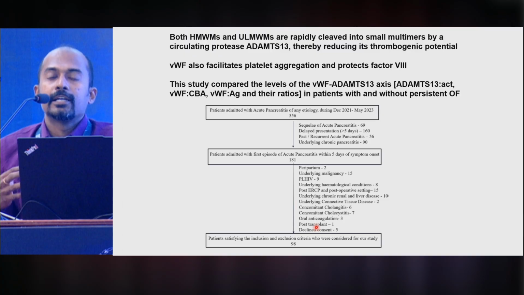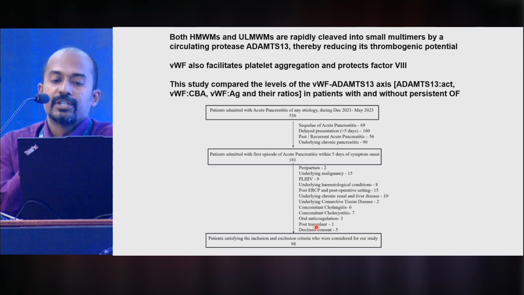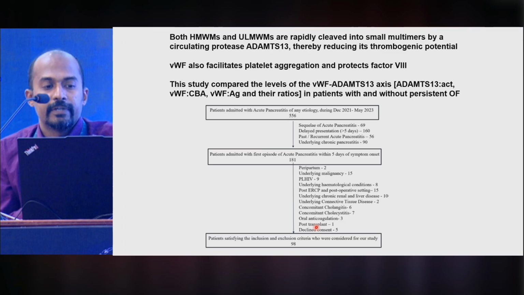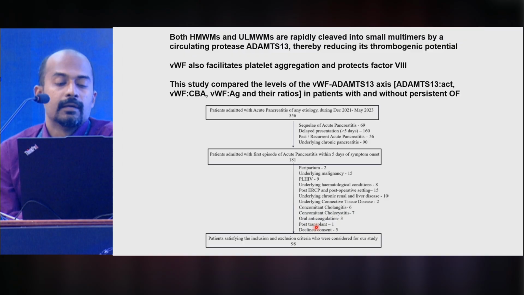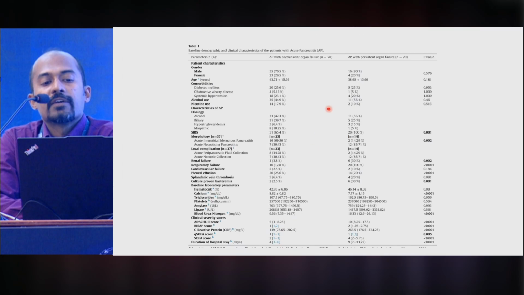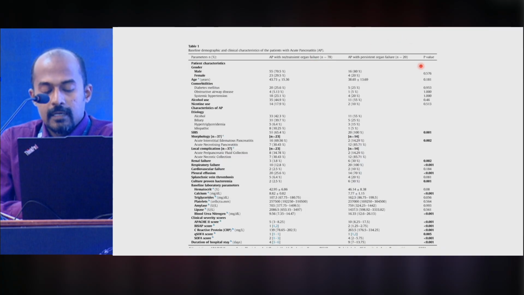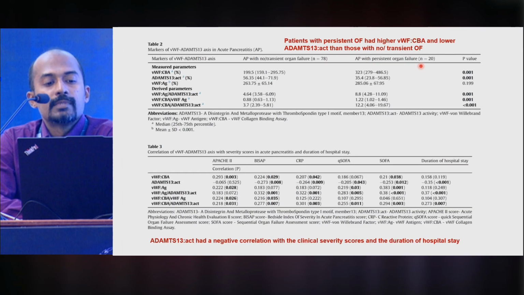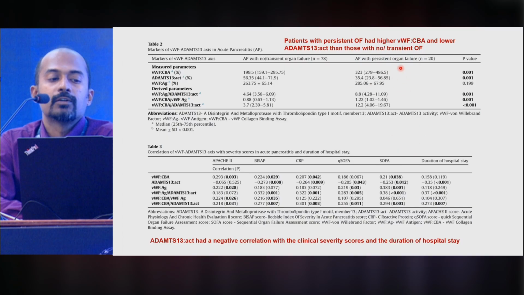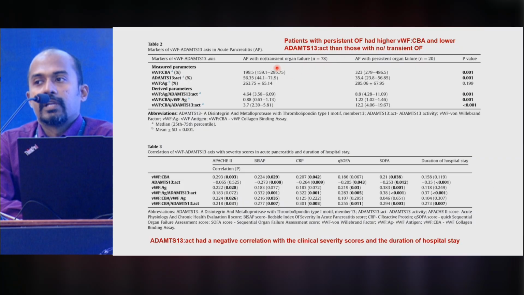Now, in this study, they evaluated this axis by measuring ADAMTS13 activity, von Willebrand factor collagen binding activity, and von Willebrand factor antigen. They recruited 98 patients, and out of 98, 78 had no organ failure, whereas 20 had organ failure. They observed that patients with organ failure had a higher amount of von Willebrand factor CBA activity when compared to those without or with transient organ failure.